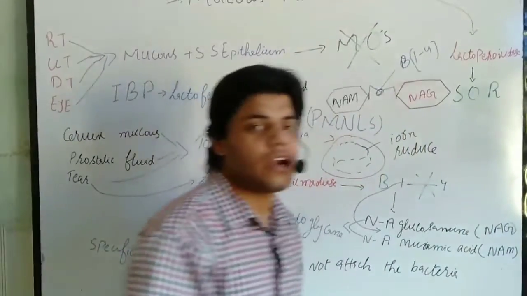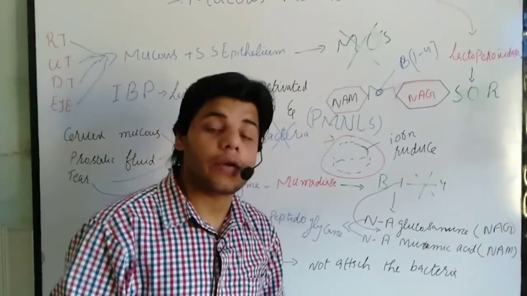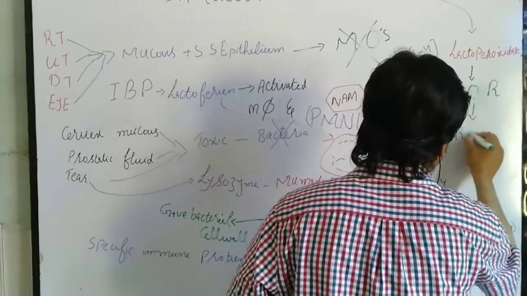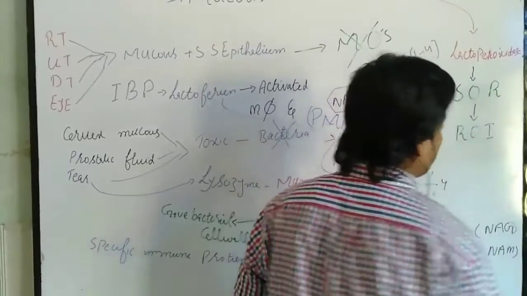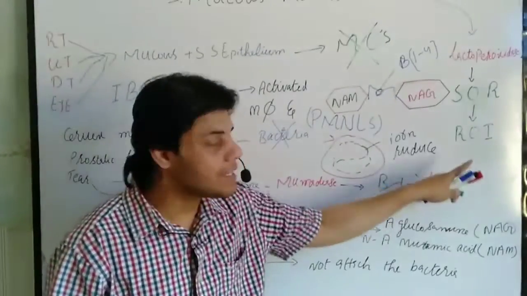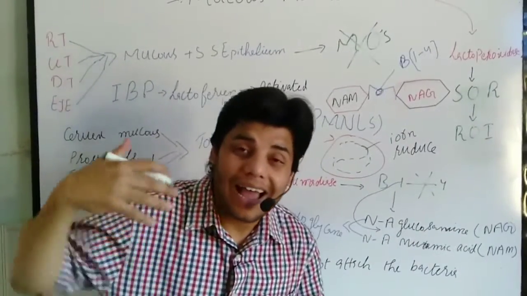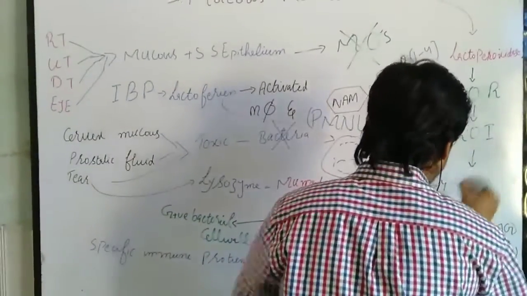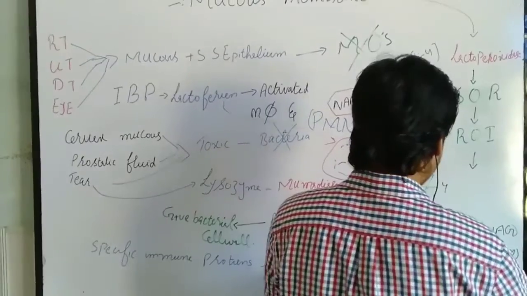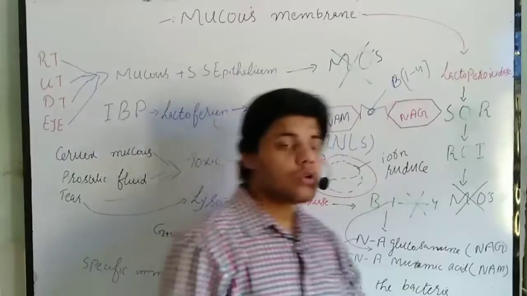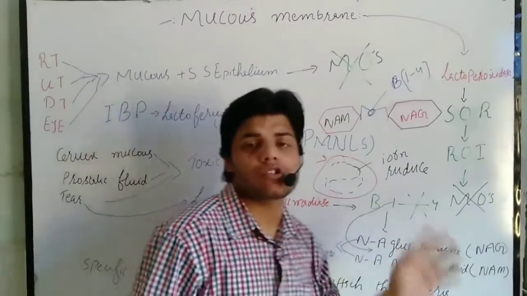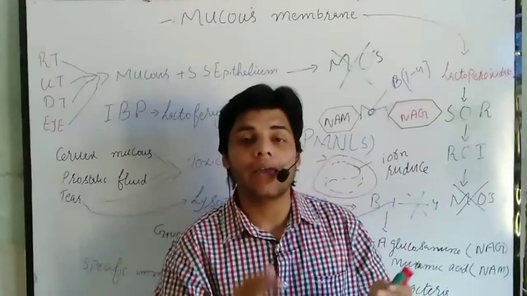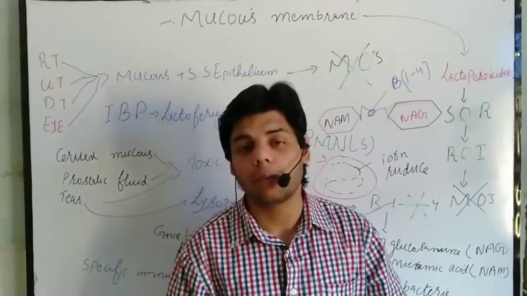This superoxide radical is actually a reactive oxygen intermediate, and these reactive oxygen intermediates are toxic to many microorganisms, so they can also kill the microorganisms. So that's all about the main function of the mucous membrane, and that's all about the main features and characteristics of the mucous membranes.